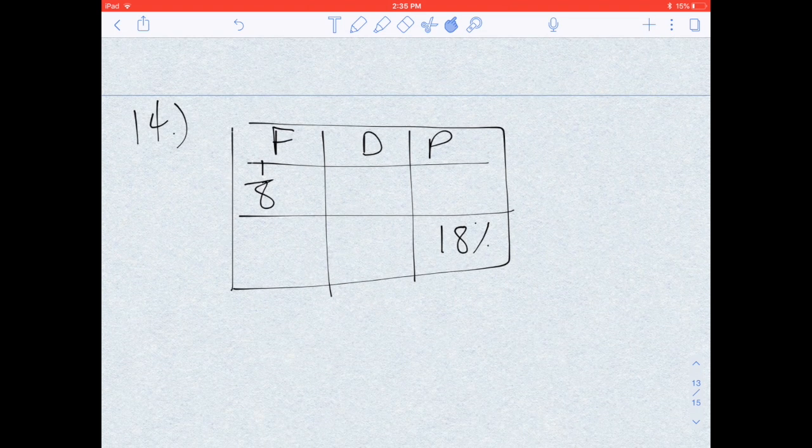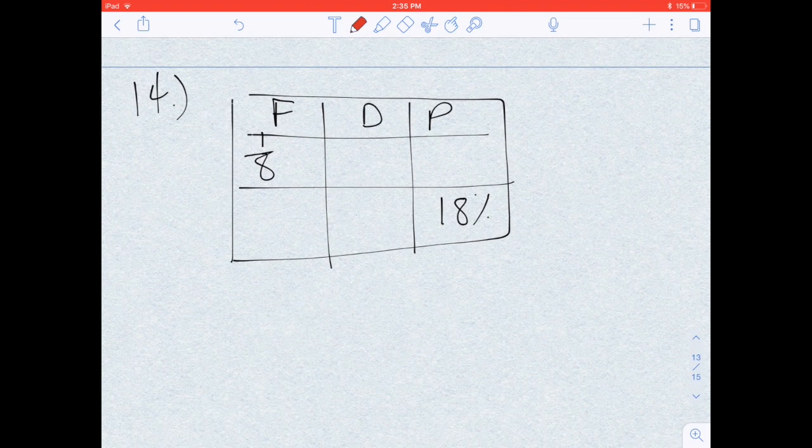Number 14 is fill in the boxes. So my first one says I need to find the decimal for 1 over 8. So I can always change a fraction to a decimal by dividing. 8 fits into 10 one time.